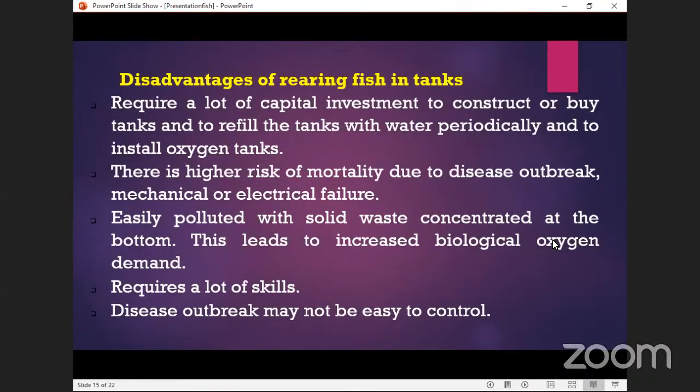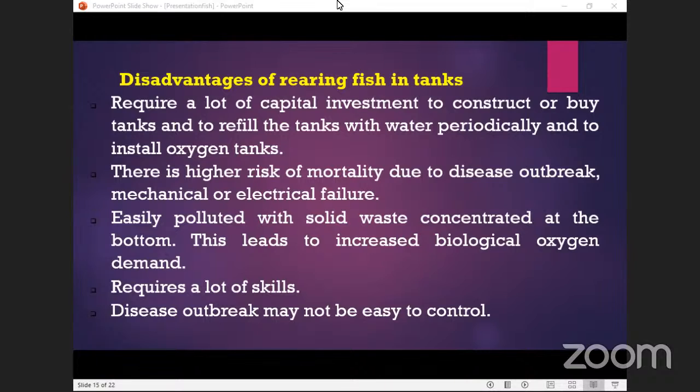But it also comes with its disadvantages. You read the disadvantages of this method. Requires a lot of capital investment to construct or buy tanks, to refill the tanks with water periodically, and to install oxygen tanks.